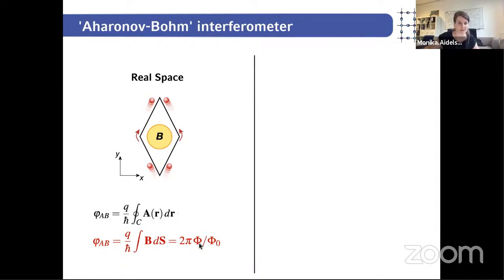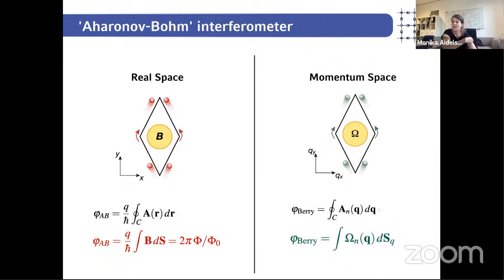And now we try to do something similar, but in quasi-momentum space, which is where the topology or the geometric properties of the band are defined. So what we have in mind is actually taking a wave packet, as we have discussed, a BEC, prepared at a certain position in quasi-momentum space. We know how to move the wave packet around by applying forces. And so the only thing that is missing is that we can split the wave packet along 2 different paths.